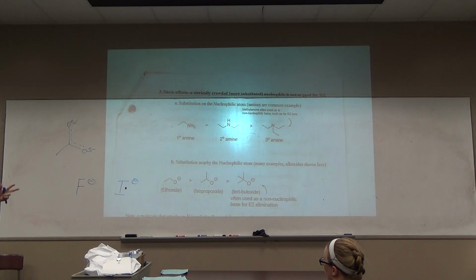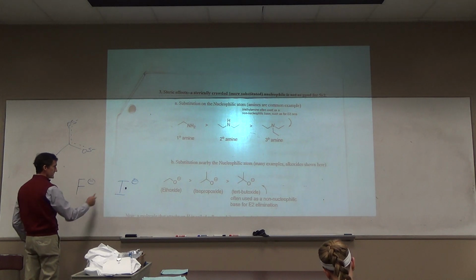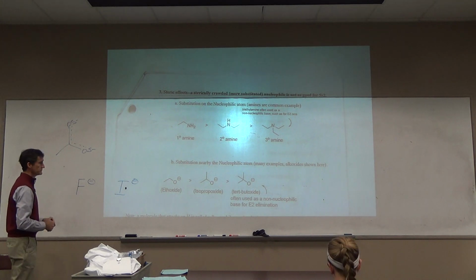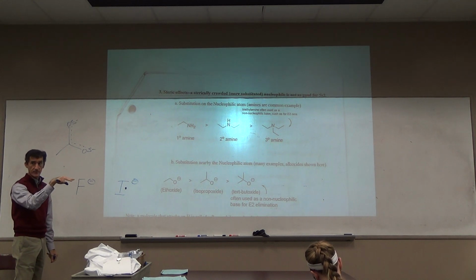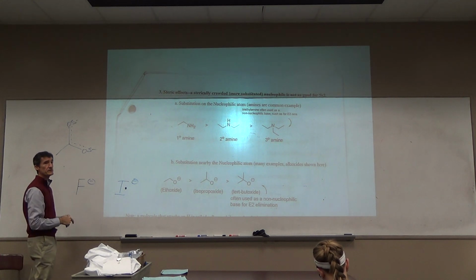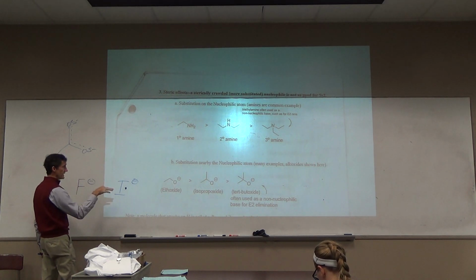Conflict. That's a big conflict. I minus is a better nucleophile. We described what the better nucleophile is on the previous page or two. And that statement did not apply to bases.